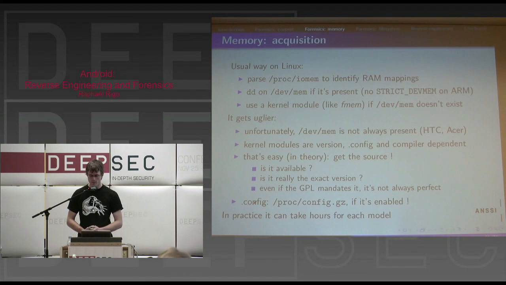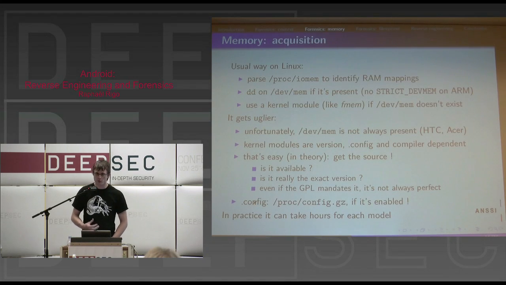And if /dev/mem does not exist, you just load your own module that will recreate it. Unfortunately, /dev/mem is not always present, so you have to find a way to load your kernel module. And kernel modules are really version, .config and compiler dependent, mostly because of structure attribute offsets.